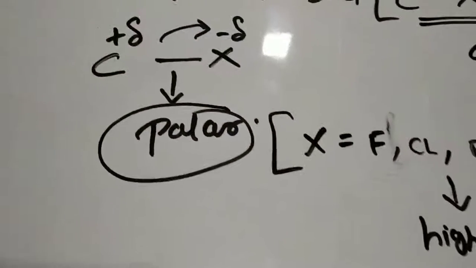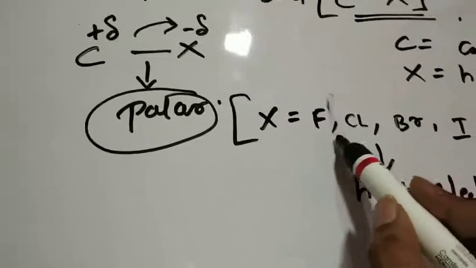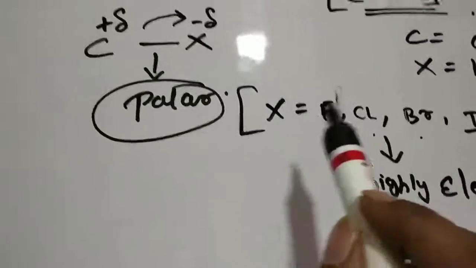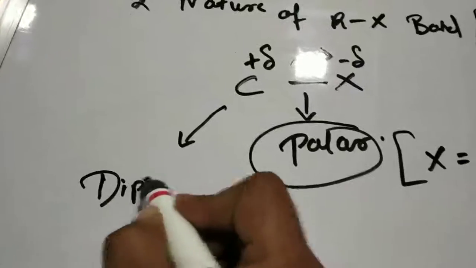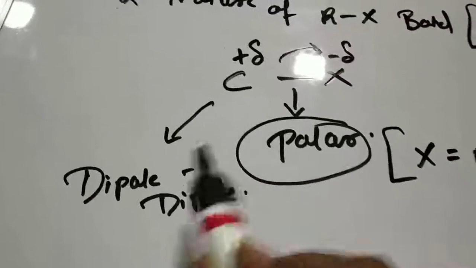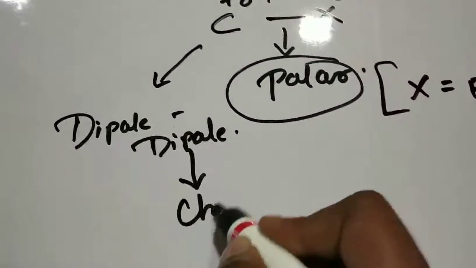Now in this case you have to remember that X can be fluorine, chlorine, bromine, iodine and astatine. So here we can say that this bond develops a dipole moment, right? What does the dipole mean? They are developing charges.